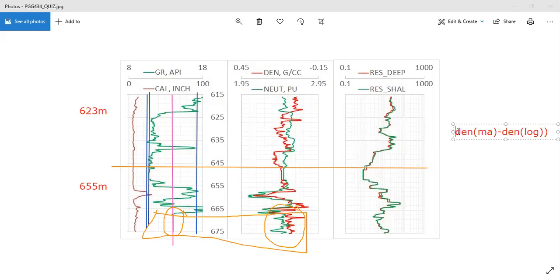Then you now divide it by density matrix minus density of the fluid. It depends on what you are looking at.